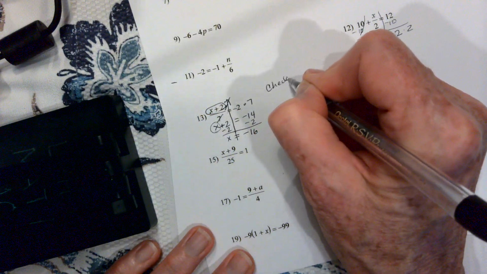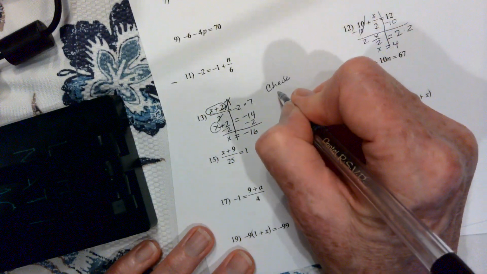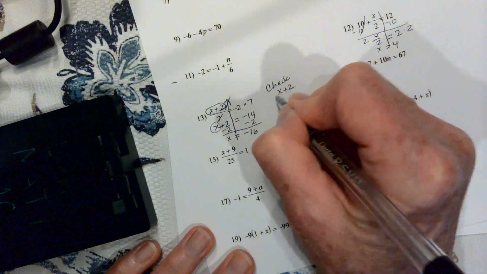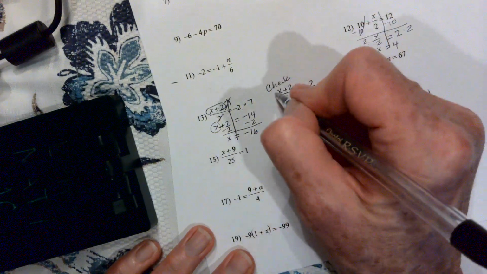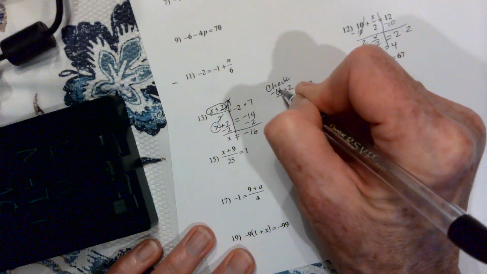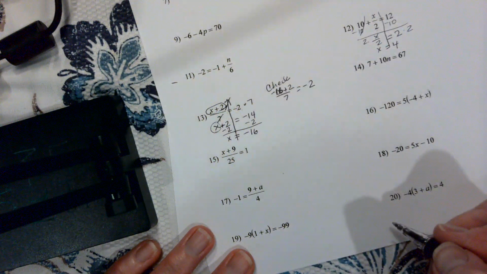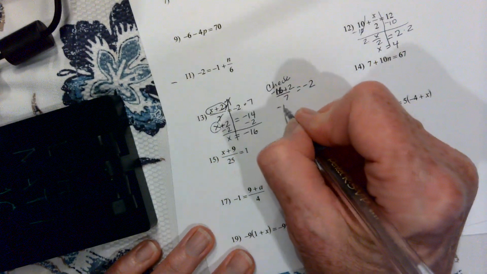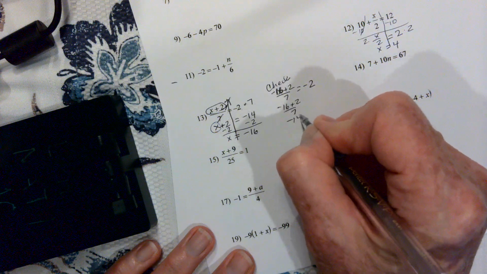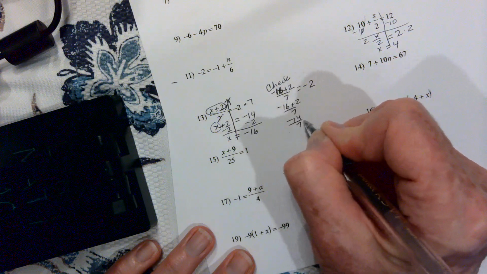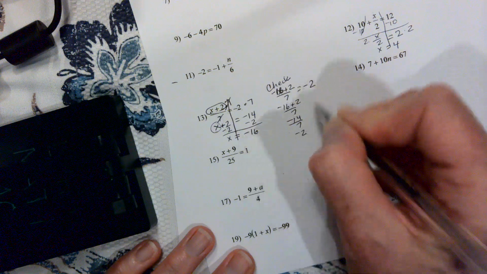See if it makes sense. Is it correct? So I've got x plus 2 over 7 equals negative 2. If I take this negative 16 and replace x with negative 16, is it true? Negative 16 plus 2 over 7, negative 14 over 7, that is negative 2.